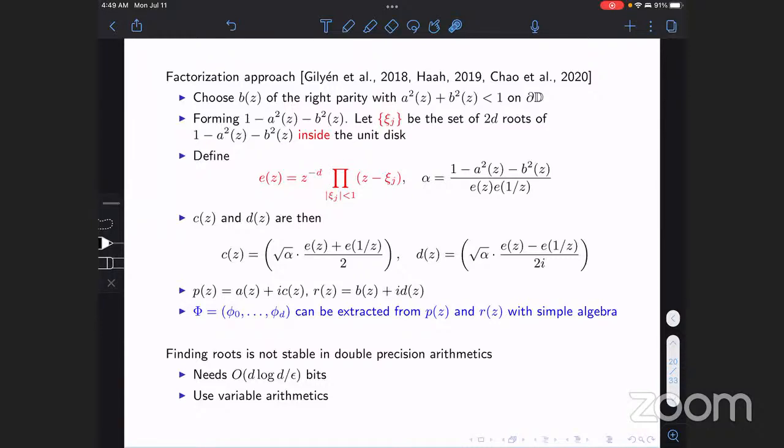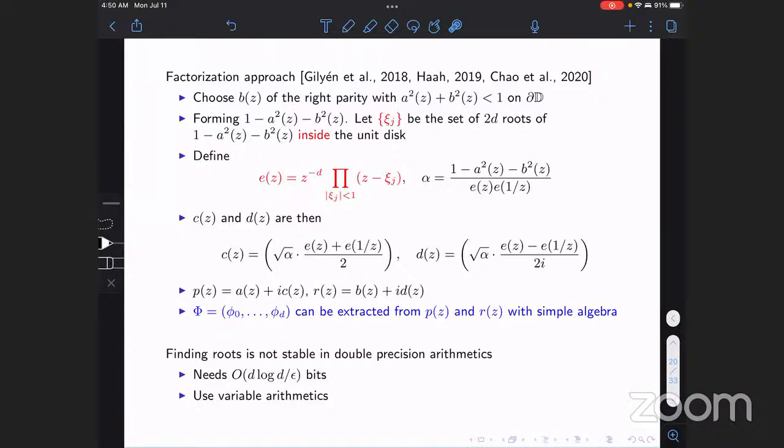The next step is to form the Laurent polynomial E(z), which is z to the power minus d multiplied by the characteristic polynomial of these roots inside the disk. We can also compute this factor alpha, based on a, b, and E, once we have E ready.